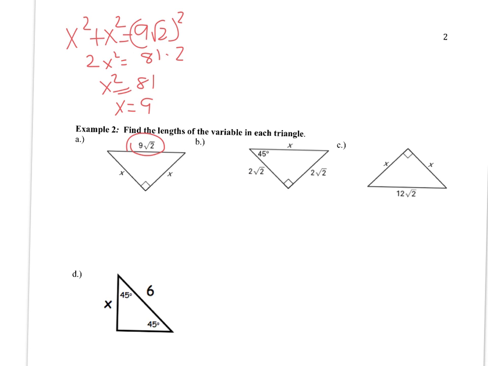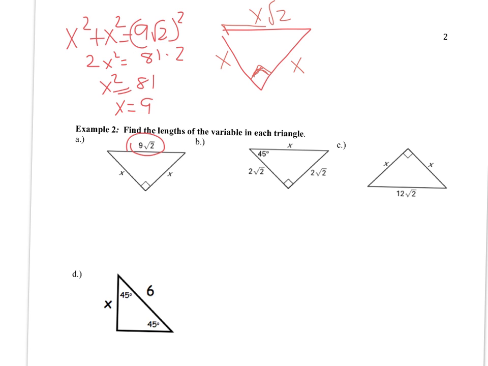So using the shortcut, we know that in that model, where this is the right angle, and this side's the hypotenuse, remember we had x, and x radical 2.